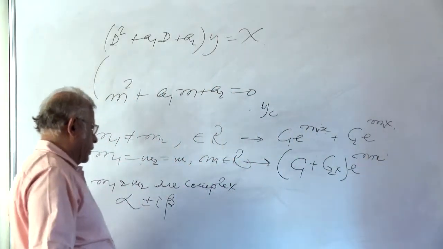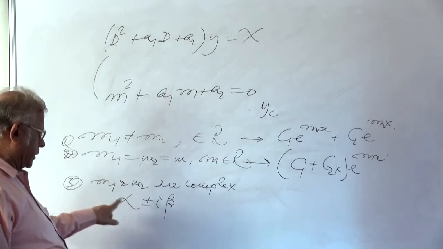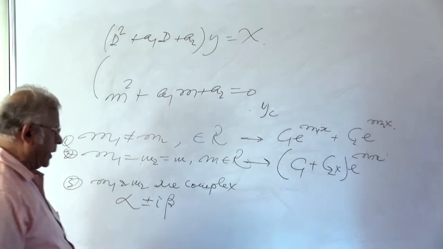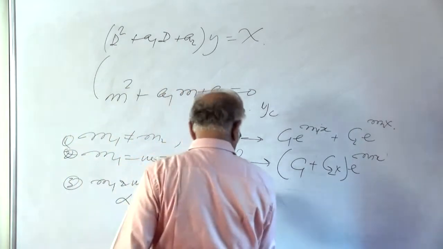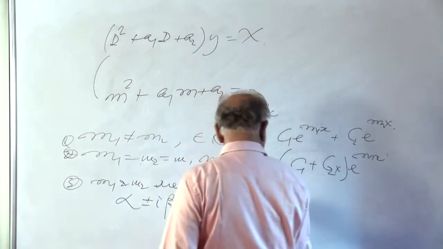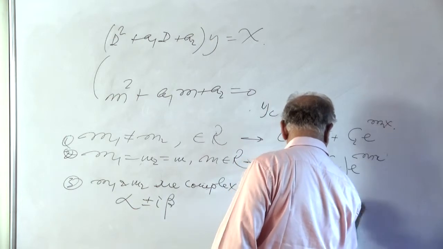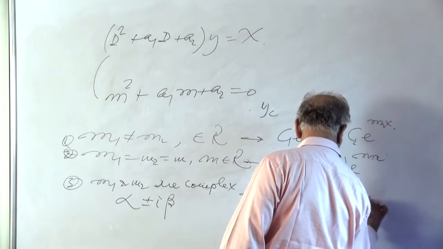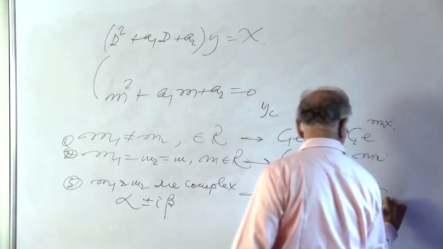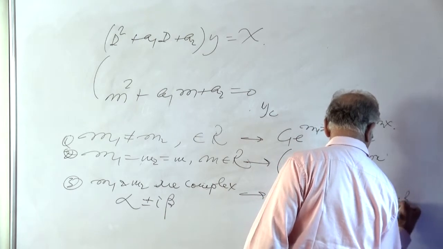And in the third case, where the roots are complex conjugates, alpha is the real part and beta is the imaginary part. The solution is e to the power of alpha x into (C1 cos beta x + C2 sin beta x).